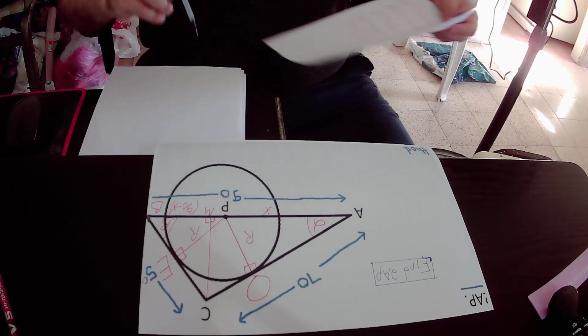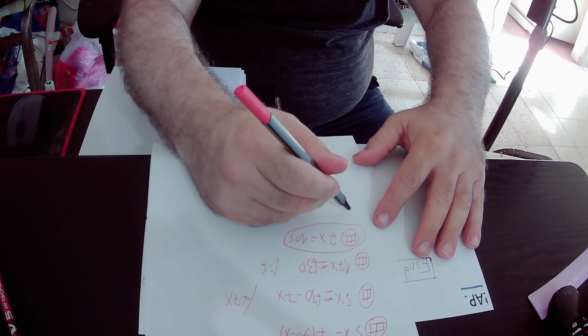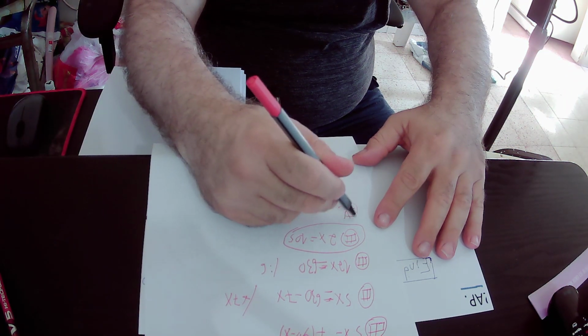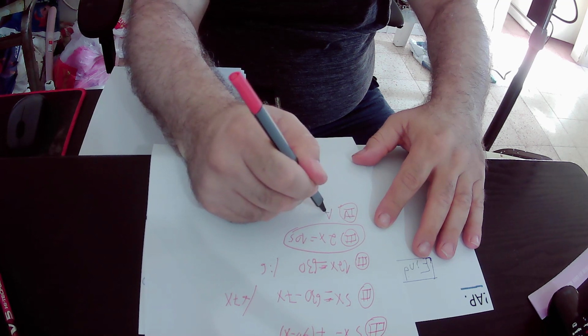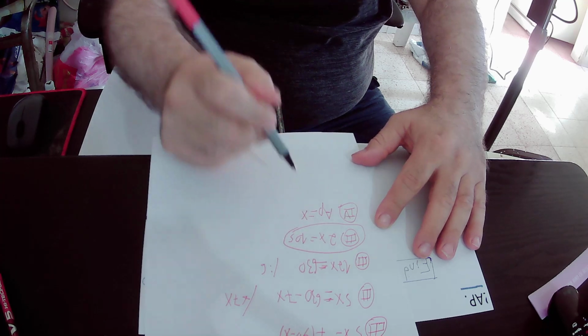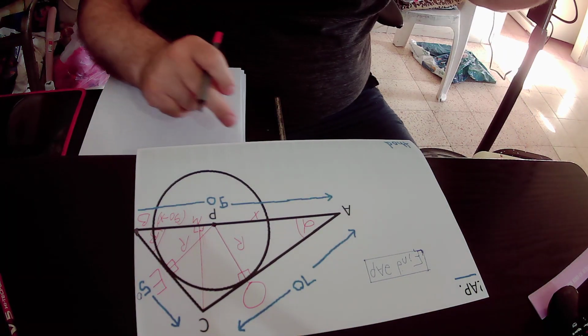So we can write the fourth equation that states, according to our definition, AP equals 2x.